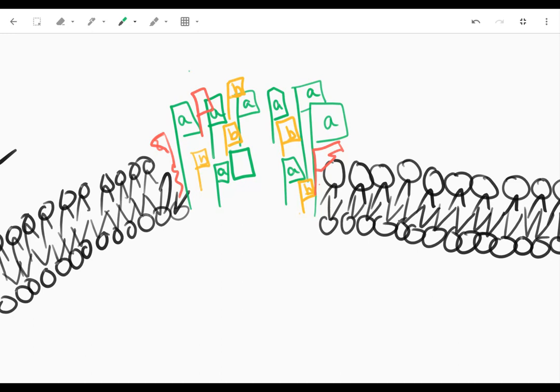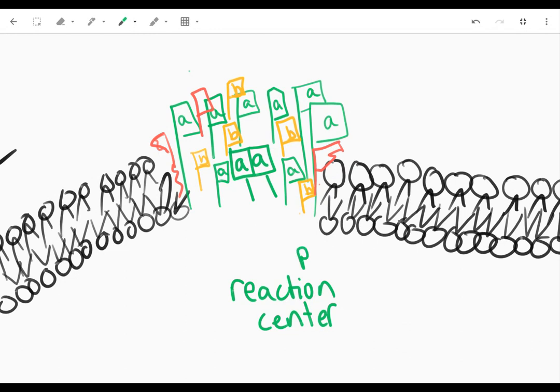And then I want to go back to our chlorophyll A again and talk about our two really special ones, two chlorophyll A molecules that are known as our reaction centers. And our reaction center for photosystem 2 has its best absorption at 680 nanometers.